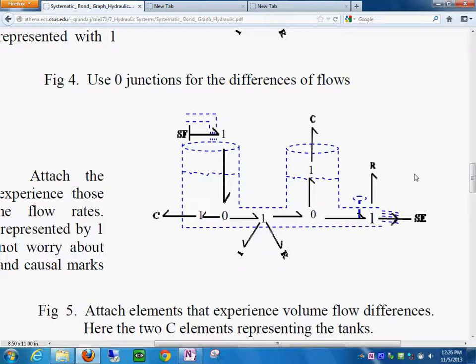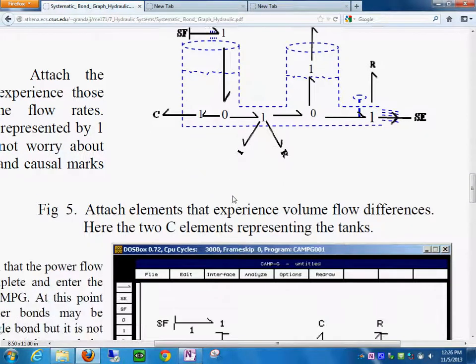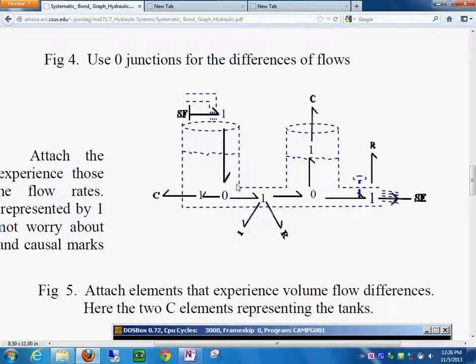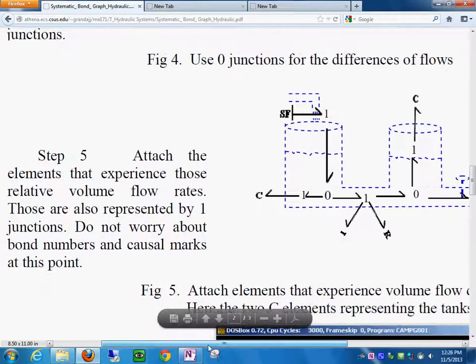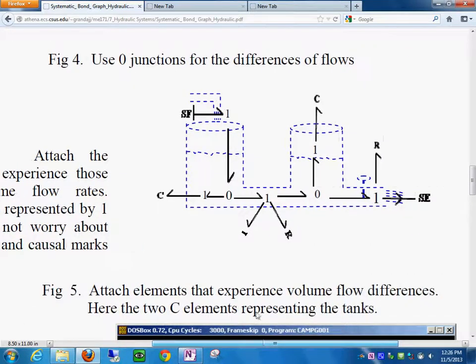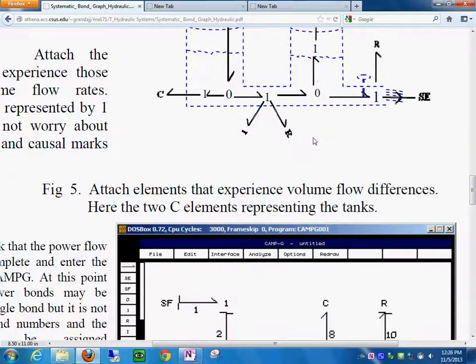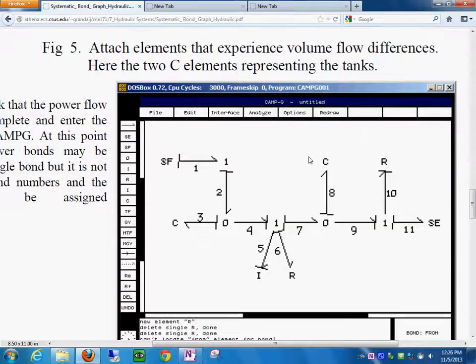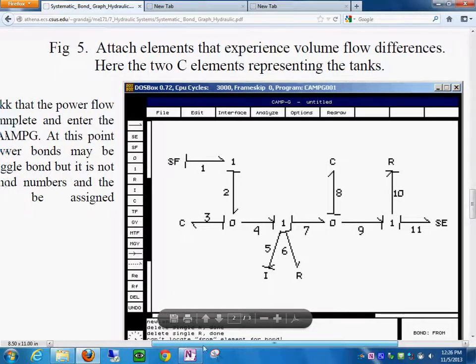Now, I said don't worry about the numbers and the causal marks at this point for only one reason, not because they are not important. In fact, we need to finish those bond graph models and the causal marks here, but what I was trying to say is that they are not necessary if you use CAMG, because the moment you enter it into the CAMG software, this is what you're going to have.